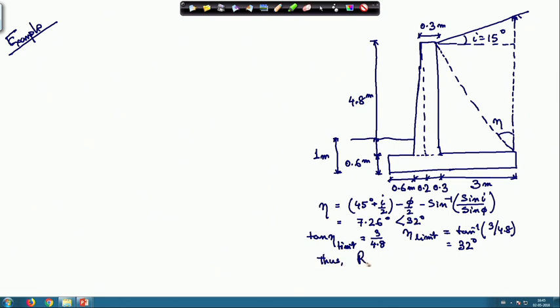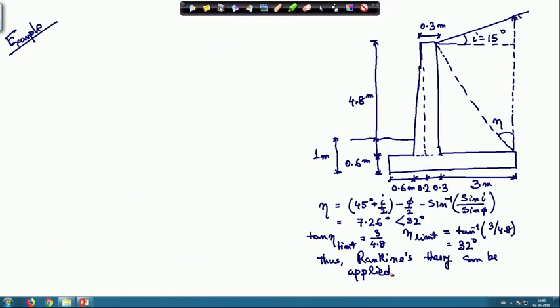Thus, Rankine's theory can be applied. So, we can use the Coulomb's theory also, but in the previous problem I solved considering the Coulomb's theory.